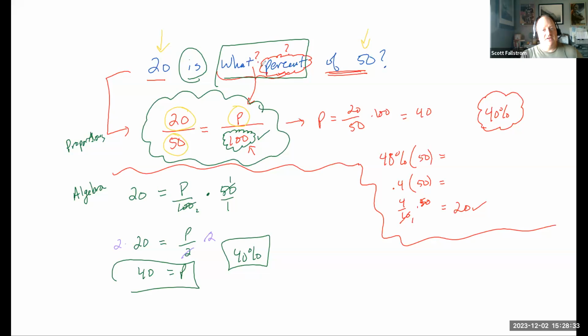So it'll say 20 is what percent of 50? That's a common type of problem. The other types of problems you could have is, what is 30% of 50? Now I don't know the what, but I know 30%. So again, I know the percentage, and it's out of 50. So I know all of these, and I'm missing the starting point.